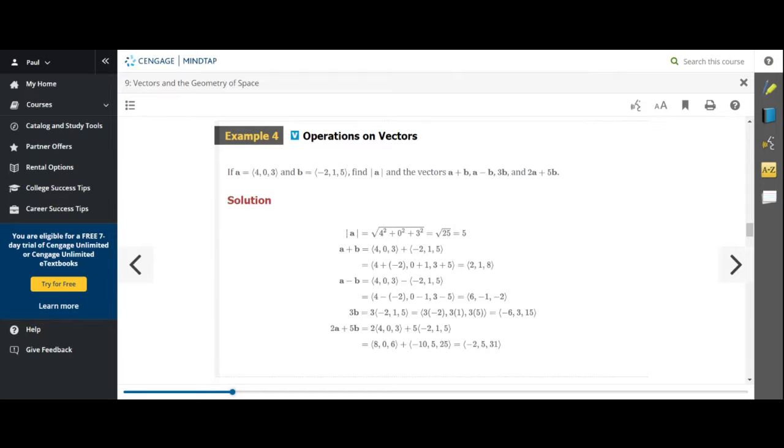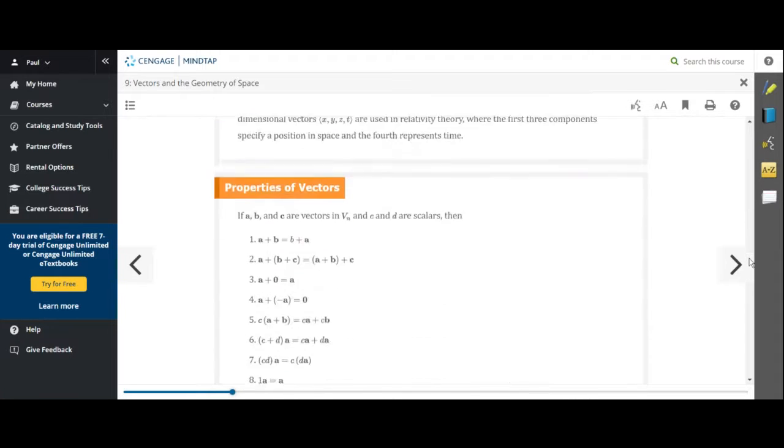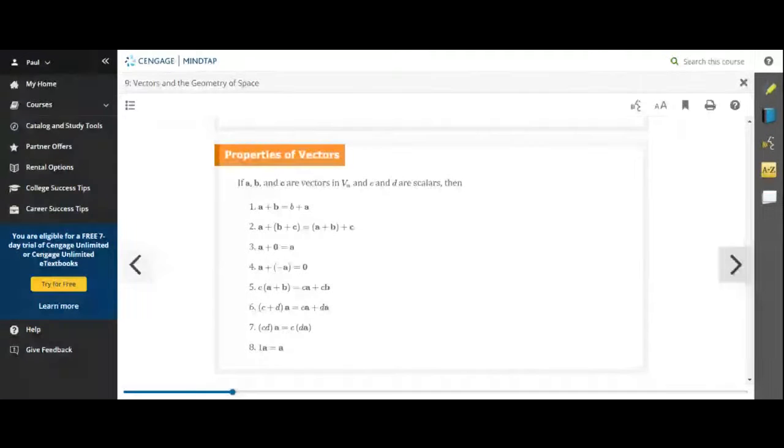And I think hopefully that'll make some sense to you intuitively. And finally, we get to some properties of vectors. Here are properties of vectors. They're very intuitive, very intuitive.